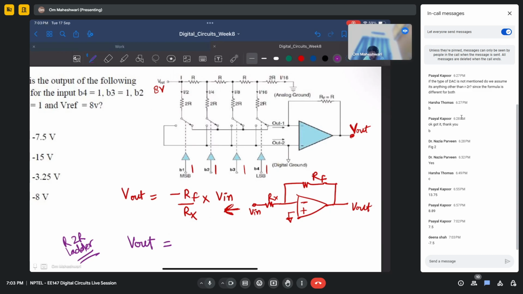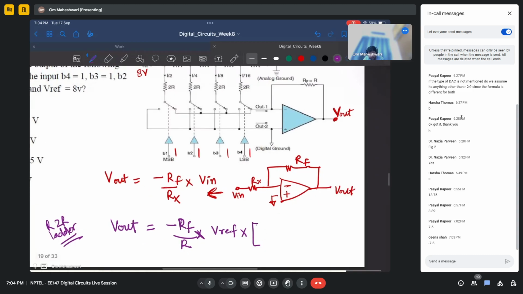So Vout is minus Rf by R into Vref into B1 by 2 plus B2 by 4 plus B3 by 8 plus B4 by 16.